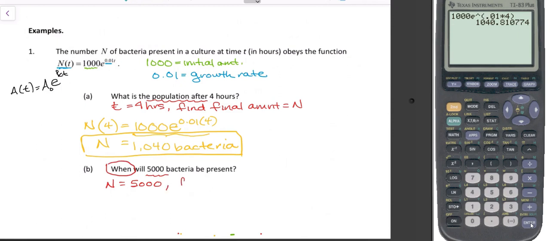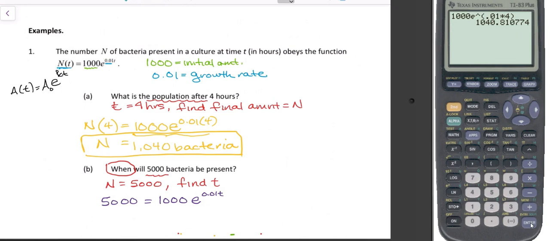So that means that we're being asked to find what t is. So in our formula, if we plug in what we know, that the final amount is 5,000, and we're going to use that initial amount that was provided of 1,000, e to the 0.01 t, and t is what we're trying to solve for.